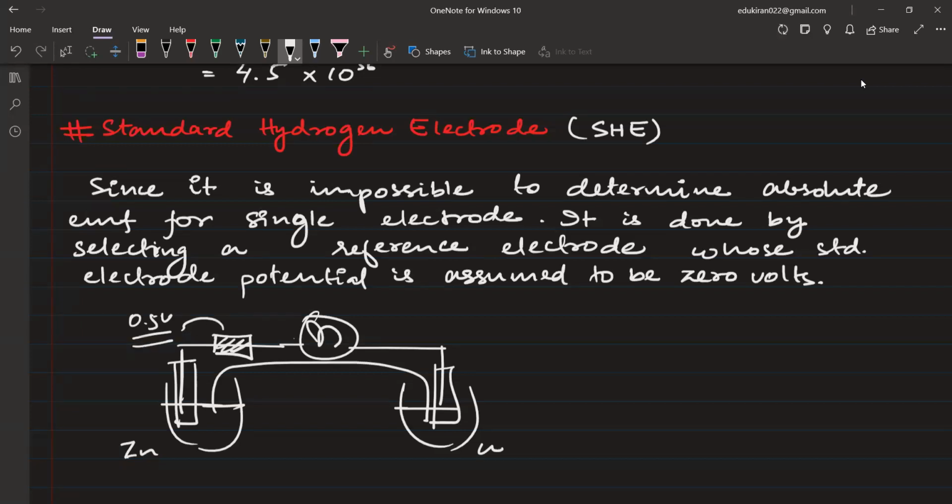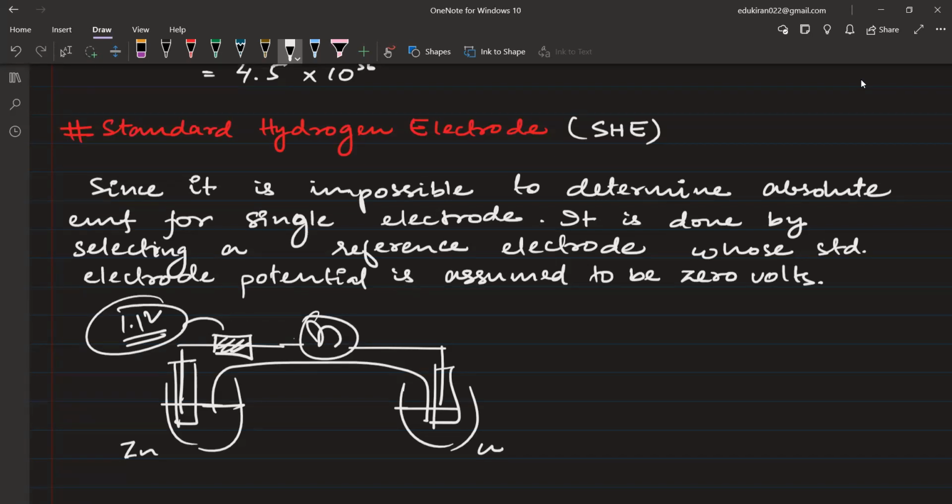For 0.5 volt, the bulb is still blinking. So we then did 0.6, bulb is blinking, 0.7, 0.8, 0.9, and then we did 1. Still at 1 volt, the bulb is blinking. Then we did 1.1. And when we had a resistor of 1.1 volt, this bulb stopped blinking. That means 1.1 volt of electricity was traveling in this particular cell.